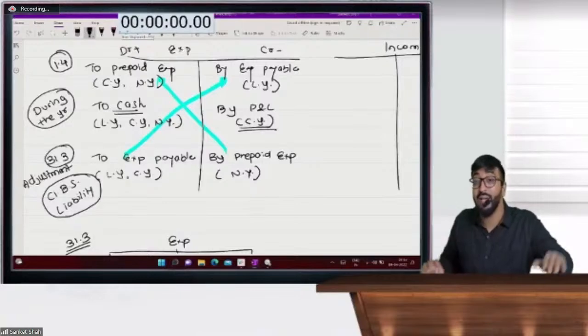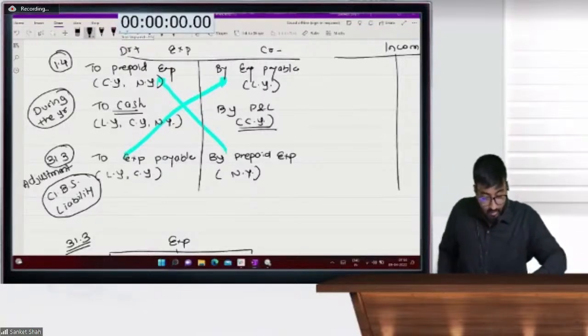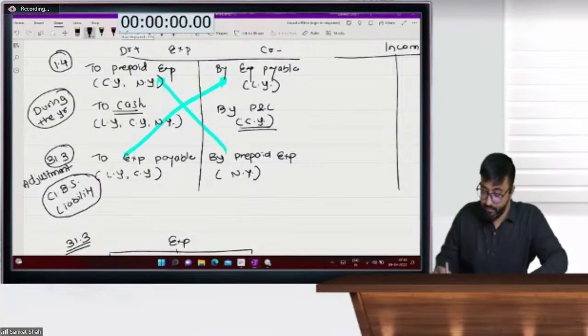Remember this. Yes, this is by P&L, normally the balancing figure. So now you only tell me for income. We are followers of the accrual concept. Therefore, this pro forma is important. These pro formas are important because we are followers of the accrual concept.